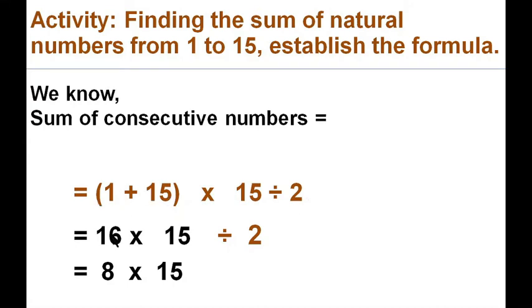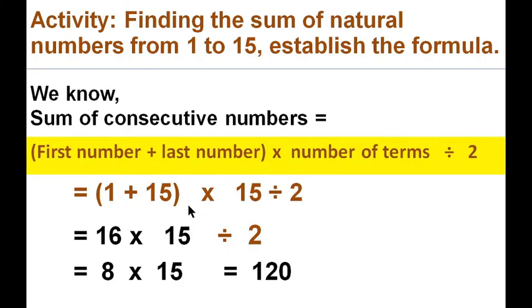And if we add, we get 16, multiplied by the number of terms, that means 15, and divided by 2. It is easy to divide 16 by 2, that means 8, and then multiplied by 15. If we multiply, we get 120.